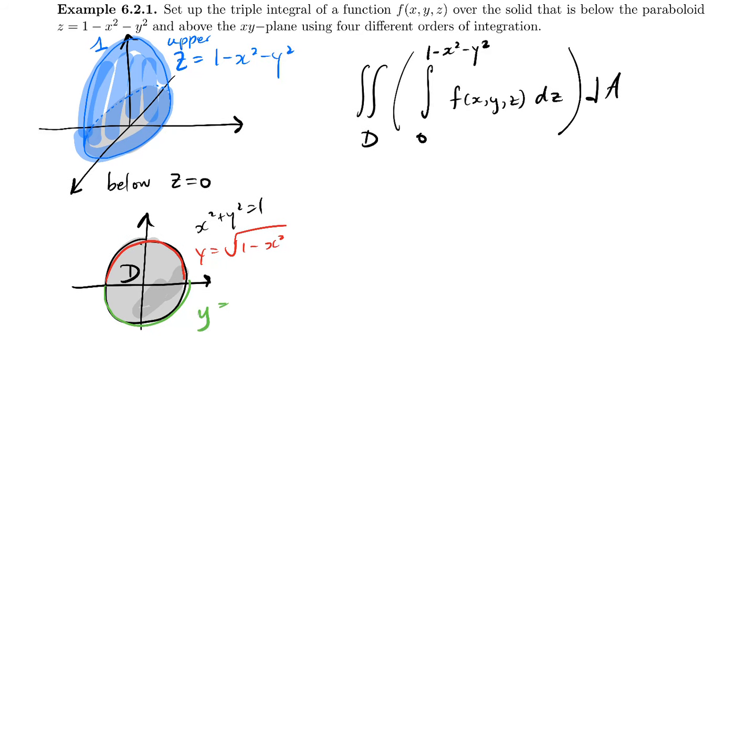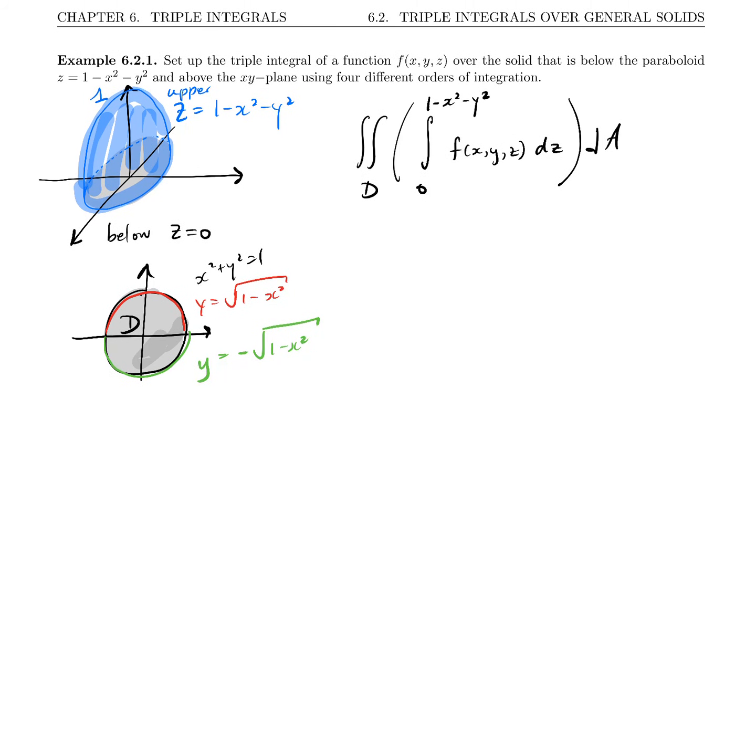I would never actually integrate this way. I would switch to some sort of polar coordinates. In fact, we're going to see that in a later video. Triple integrals matched with polar become something called cylindrical coordinates. And x is going to go across the unit circle from minus 1 to 1.